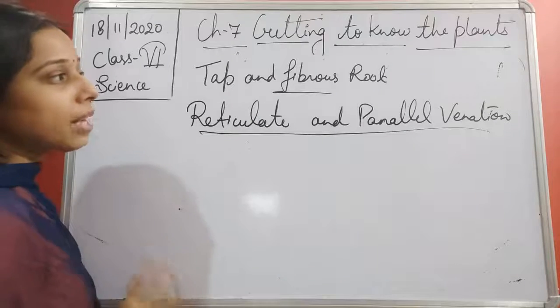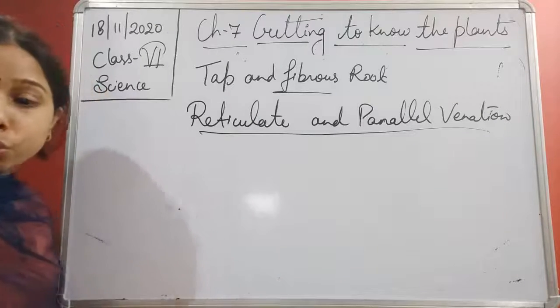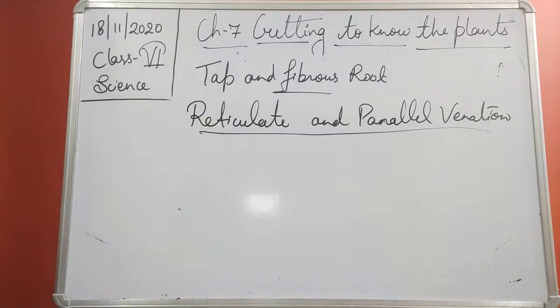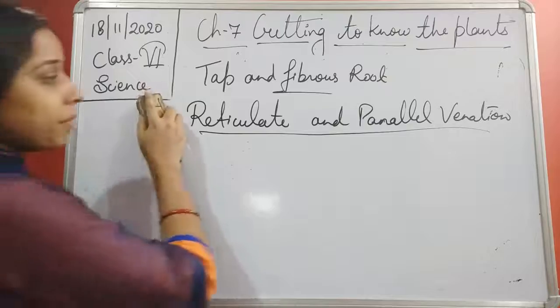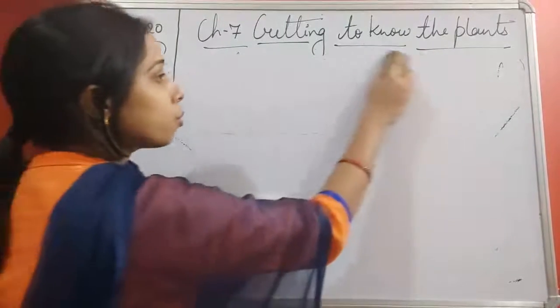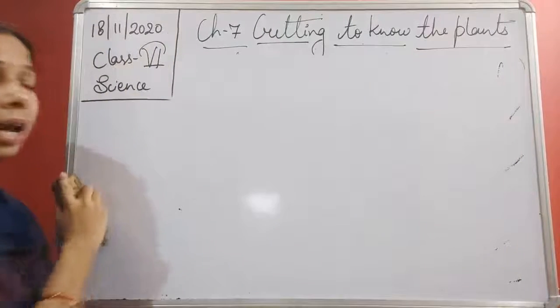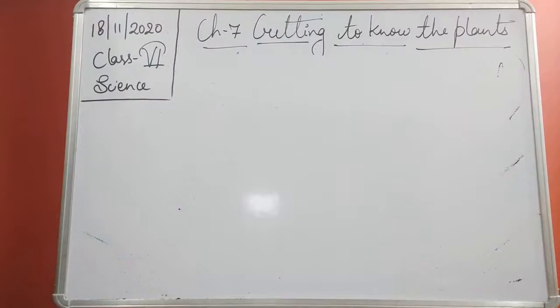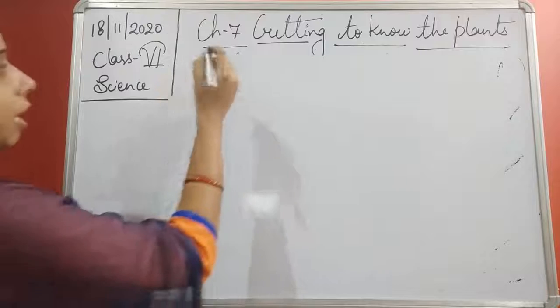Now there is a relationship between the roots and the leaves, and it is very important to understand it. The taproot, the fibrous root, the reticulate and the parallel venation are having a relationship.